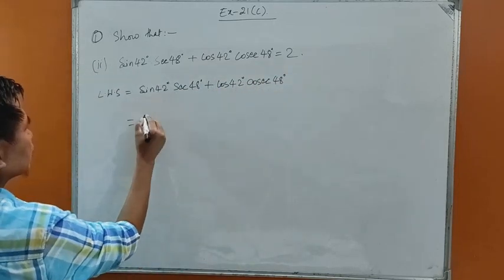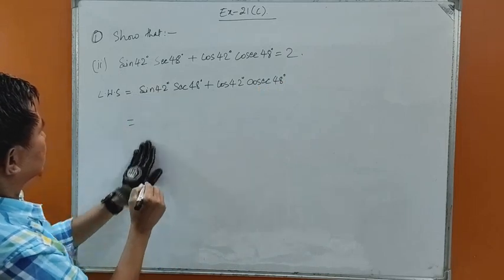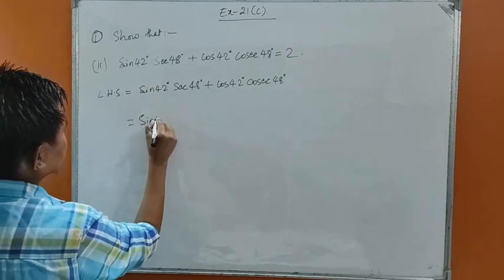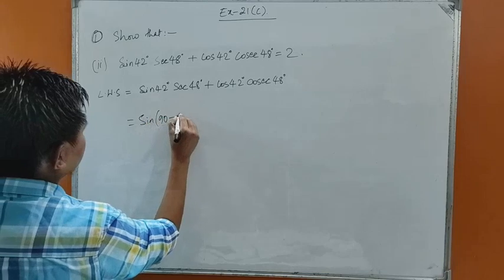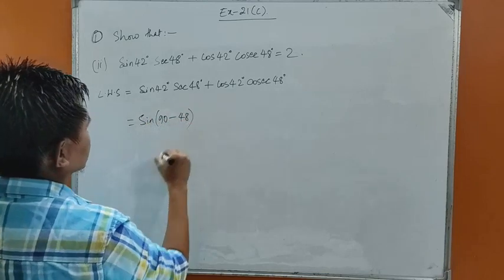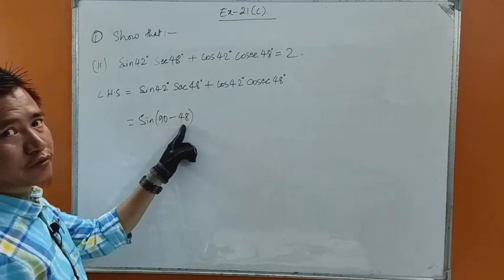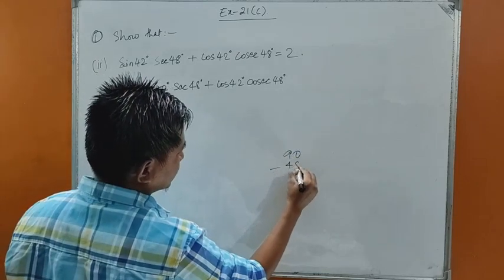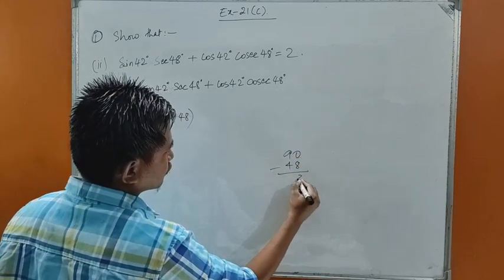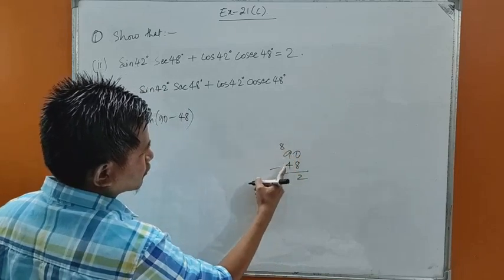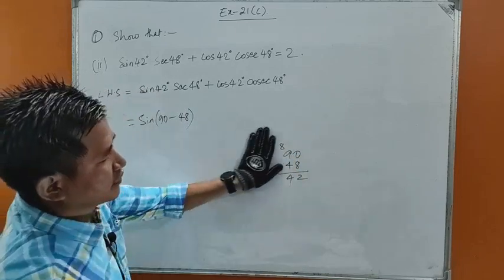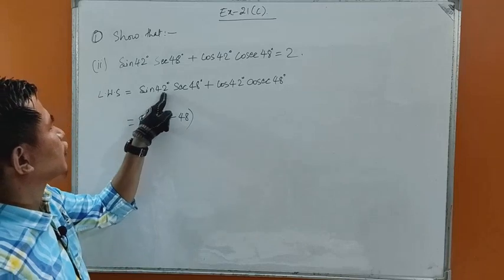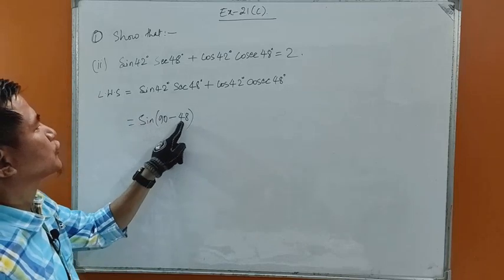So sin 42 means sin 90 minus 48, isn't it? 90 minus 48 gives us 42. So instead of this 42, I write sin 90 minus 48, okay?